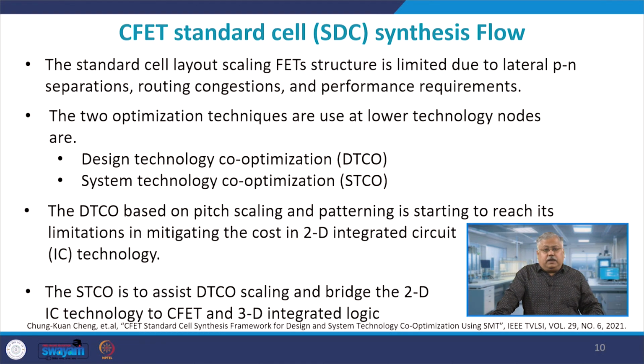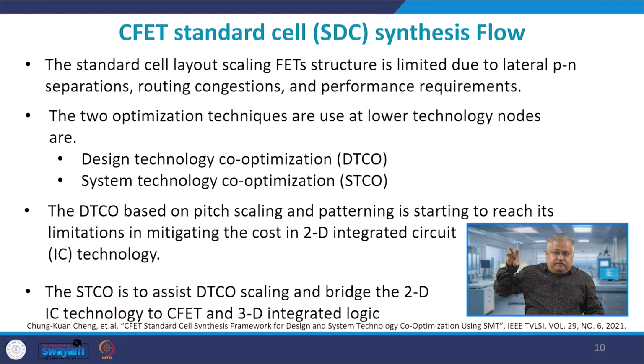So typically, the layout of any standard cell for CFETs is actually restricted by lateral PN separation. Lateral PN separation means, in the vertical domain, how much separation is there between P and N. You have to also look into the routing congestion, how much congestion is there near the active devices, and of course, the performance requirement.